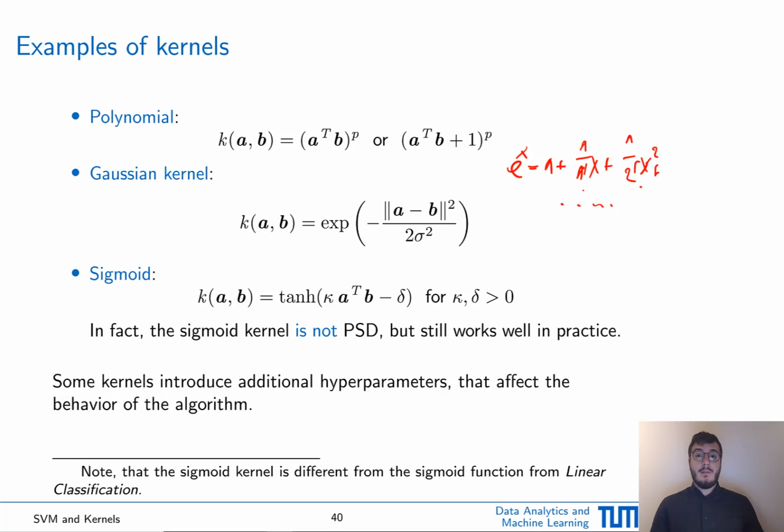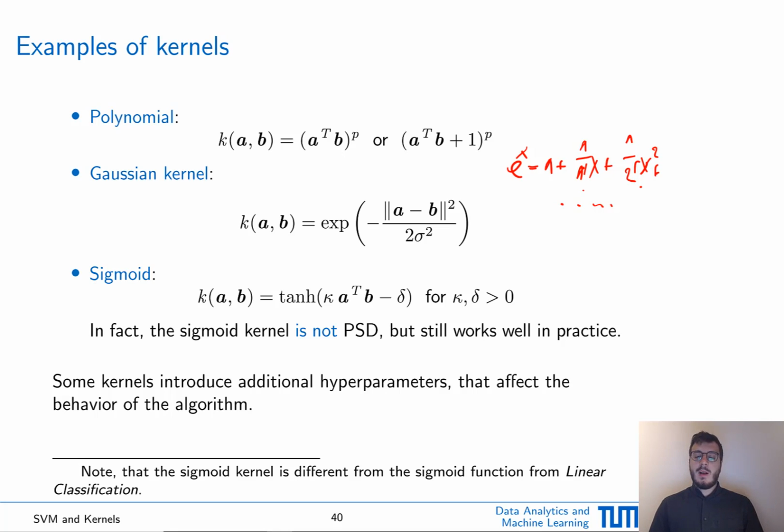So this is like an infinite series, and because of this property of the exponential function, you can use this to show that the corresponding feature transformation for the Gaussian kernel is actually infinite dimensional, and then we have a dot product in this infinite dimensional feature space.